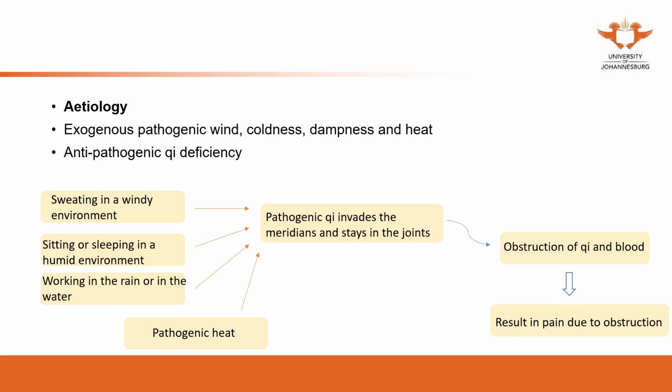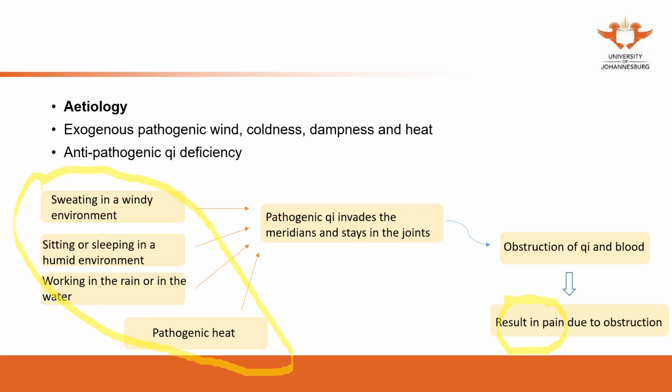Sometimes you can ask, and the patient will present this kind of history, such as being in a windy environment. In some situations, these causes can also be confirmed by the symptoms. The patient will tell you that when the weather changes, they feel worse and the pain increases.